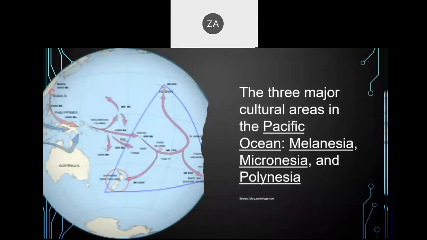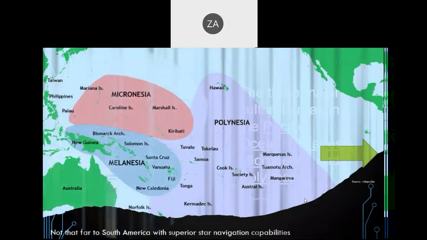These three major cultural areas in the Pacific, Melanesia, Micronesia, and Polynesia, form a triangle of trade routes going back hundreds and hundreds of years.